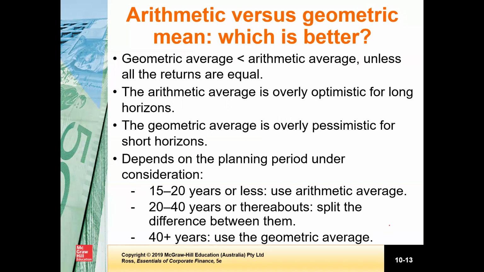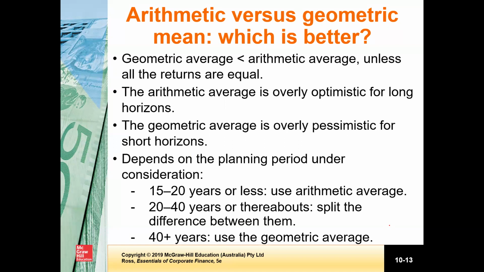Now you can have a question in your mind that, okay, we know the simple average. Simple average is the arithmetic average. So why do we need the geometric average, or why do we need the geometric mean? Look, when we concentrate on historical returns, the difference between the geometric and arithmetic average return is not too hard to understand.